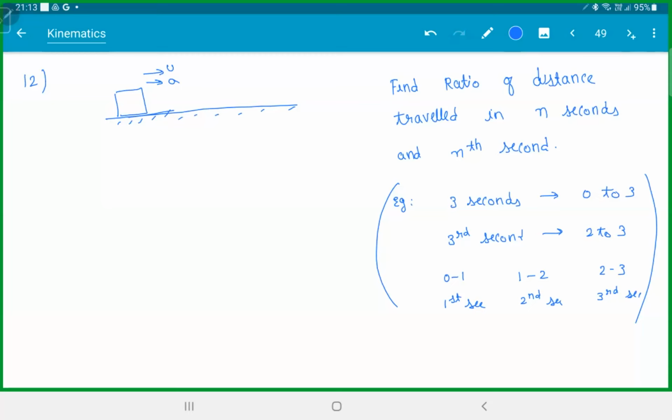That is clear, right? N seconds and nth second का meaning. Right. Answers? Yeah, answer comes in terms of u and a. Obvious. I gave you nothing else there.